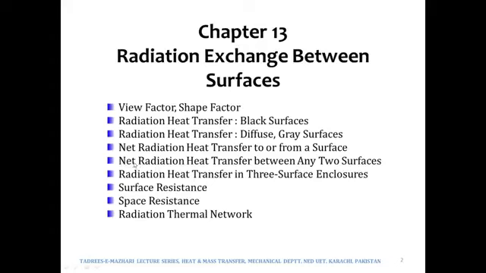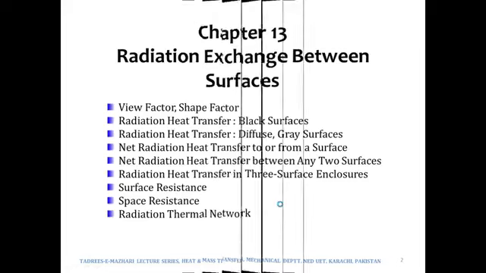And then the next topic would be net radiation heat transfer between two surfaces. And while going over this particular topic, we will come across the concept of space resistance, and then we will extend this radiation heat transfer topic to 3 surface enclosures, where we will be solving the problems using thermal radiation thermal network. So it is a very interesting chapter.